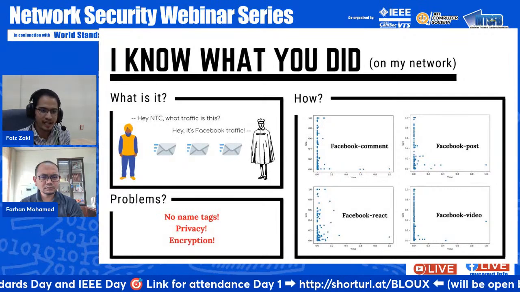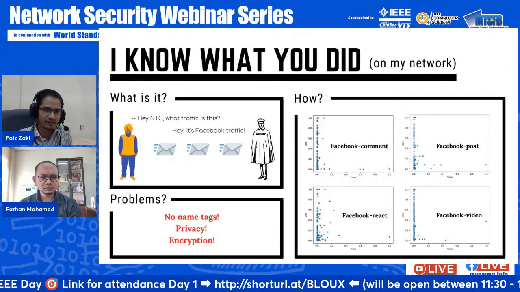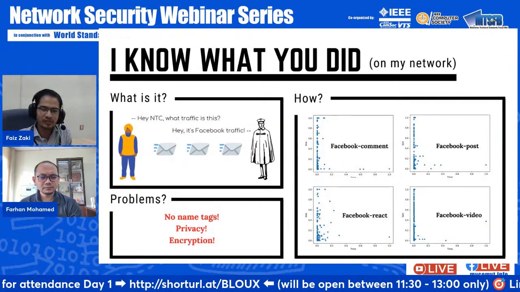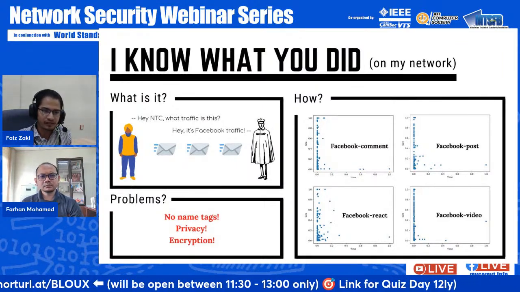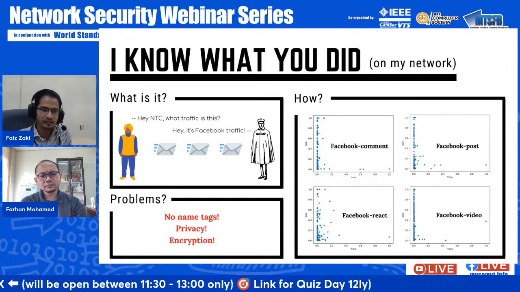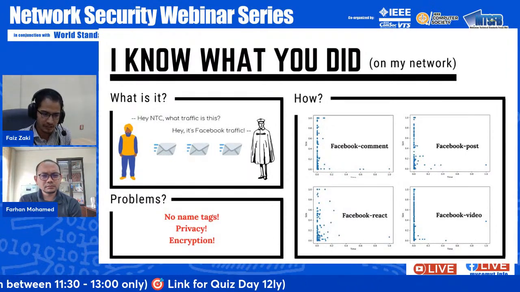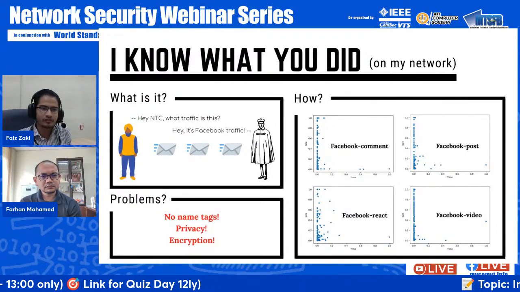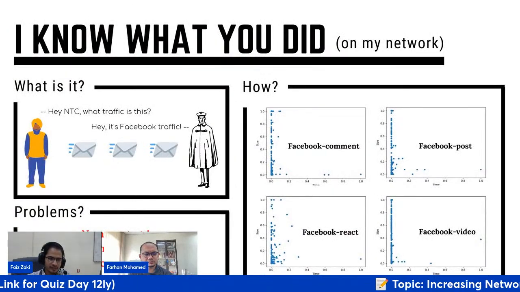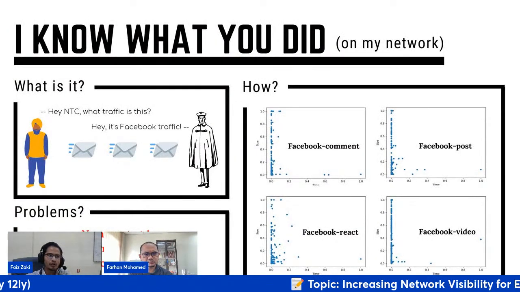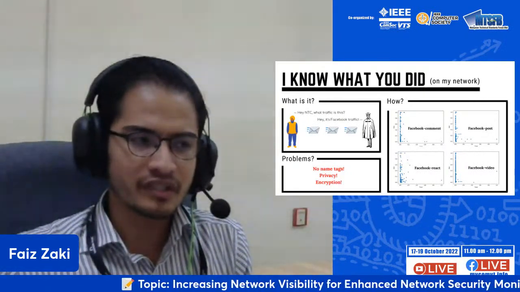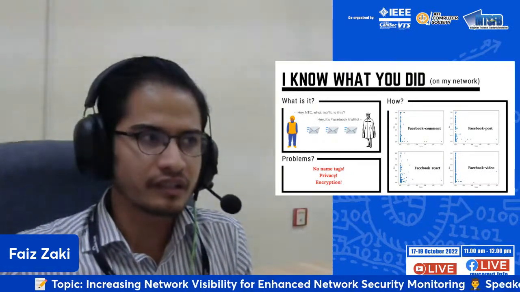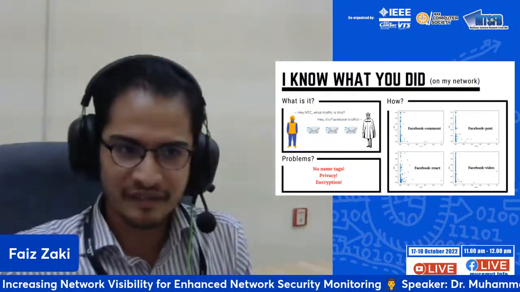We need to somehow ask the driver, something like that, right? Or else it's impossible for us to know from where the car is traveling and to where. Similarly with network traffic, if we are given a sample of network traffic, it's impossible for us to know what application generated that traffic, right? Because network traffic doesn't come with name tags.